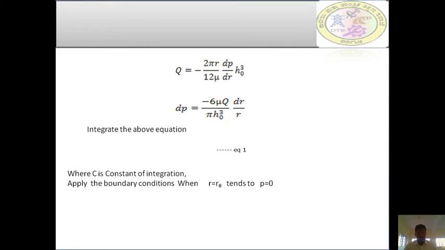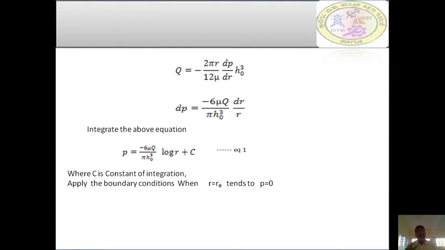Integrate this equation with respect to p and dr by r. The dp becomes p, and the constant term minus 6 mu Q divided by pi h naught cube remains constant.